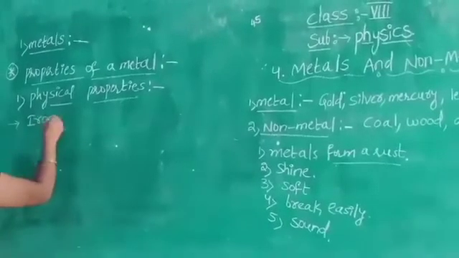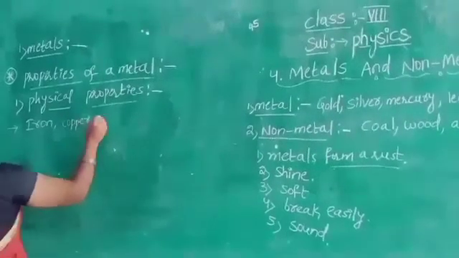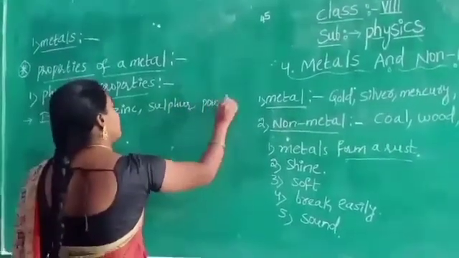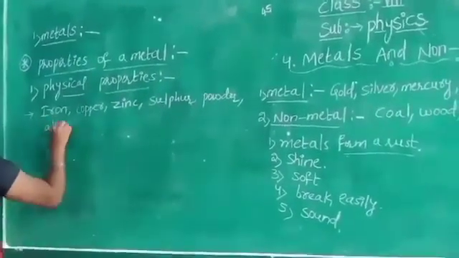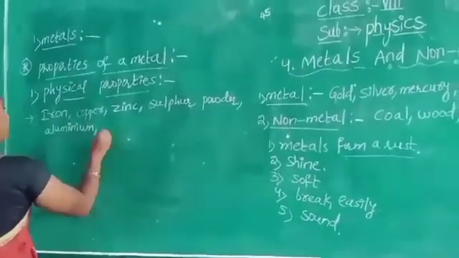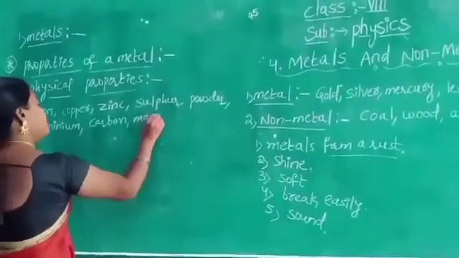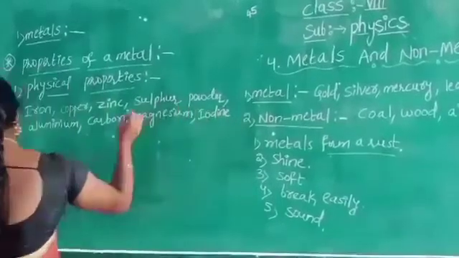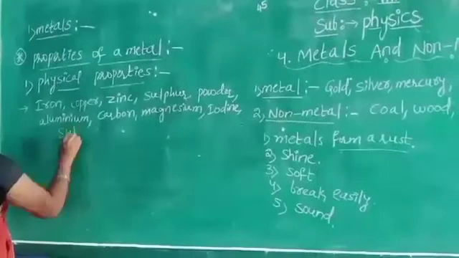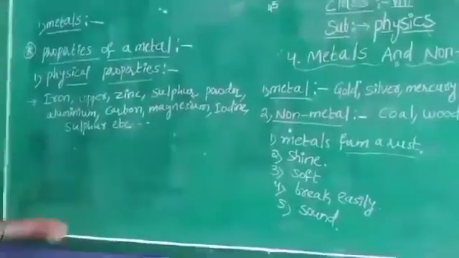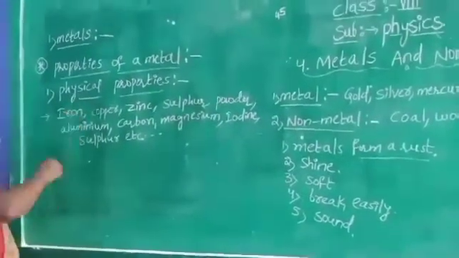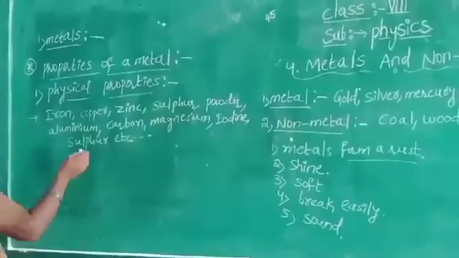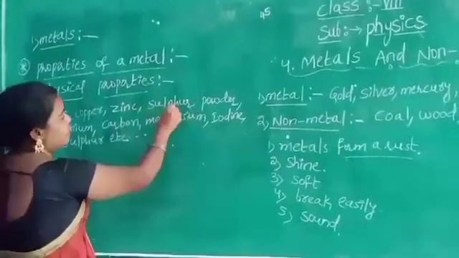Iron, copper, zinc, sulfur which is present in powdery form, aluminium, carbon, magnesium, iodine, and so on. Children, some of these are not metals. Before testing the physical properties of metals, collect all these types of materials from your surroundings: iron, copper, zinc, sulfur powder, aluminium.